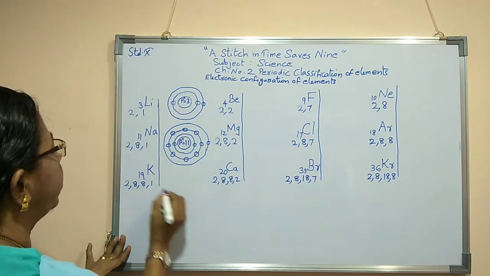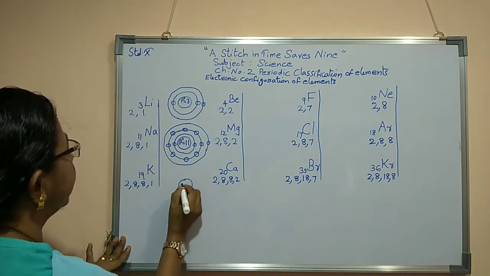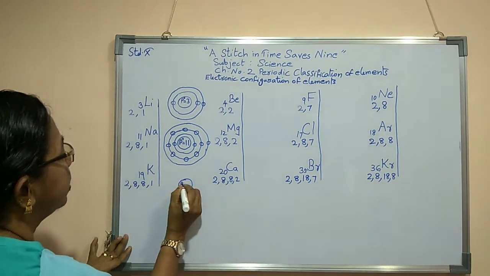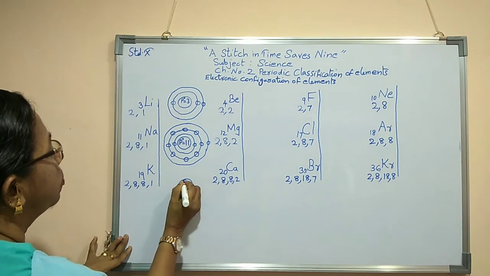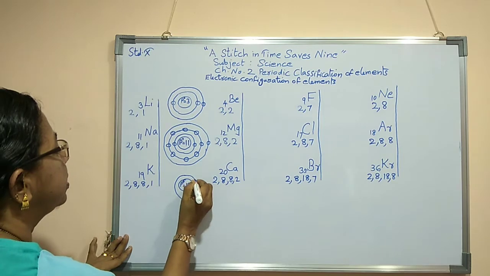Now we are studying potassium. This is its nucleus. Atomic number is 19. That means the number of protons is also 19. Protons have positive charges. Now this is the first orbit.